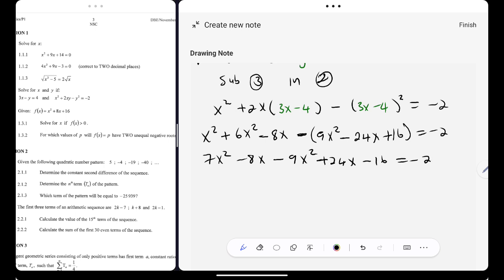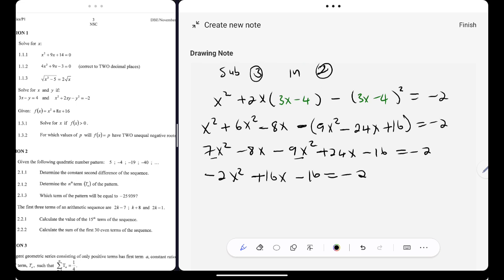And then I'll have a negative 2x squared because of this and this. Then I'll have plus 16x. 24 minus 8 is 16, and then I'll have negative 16 is equal to negative 2.